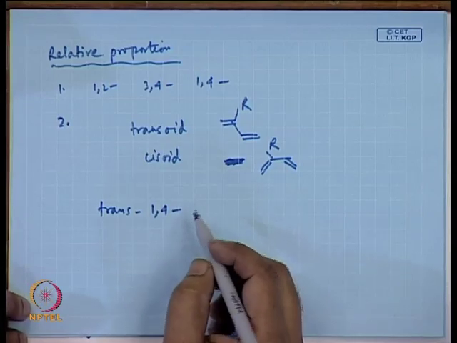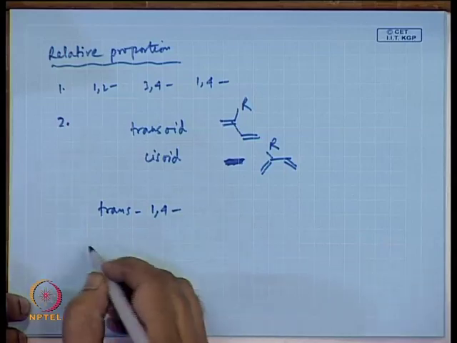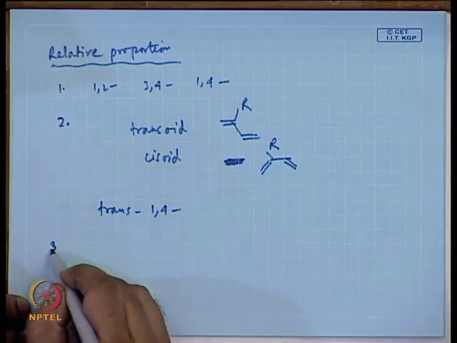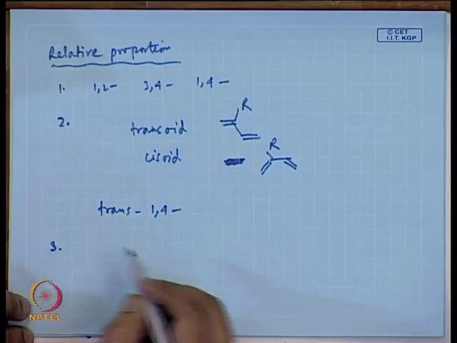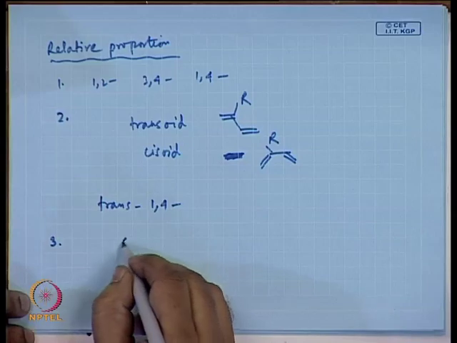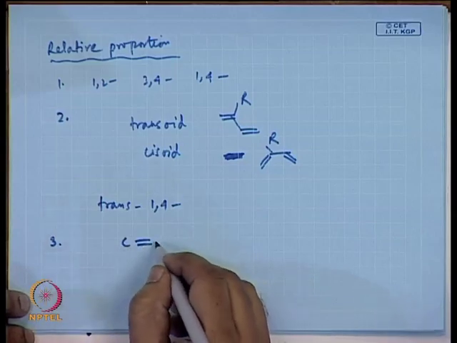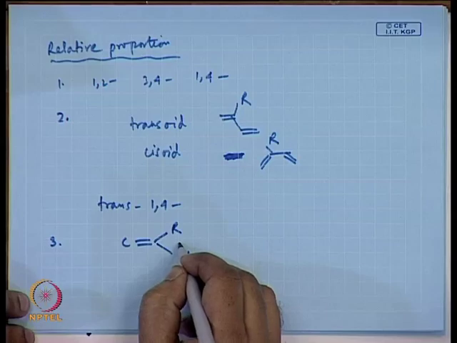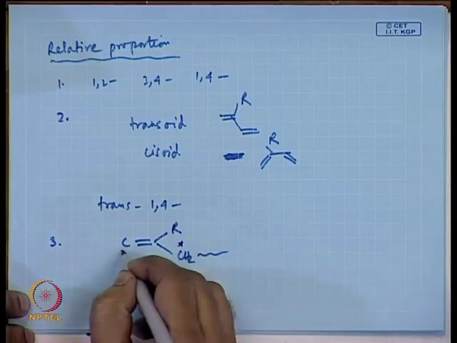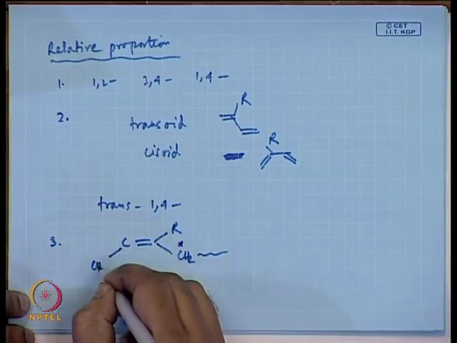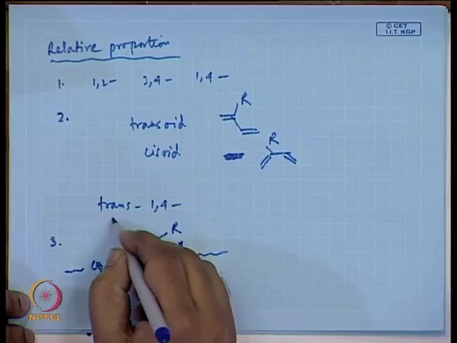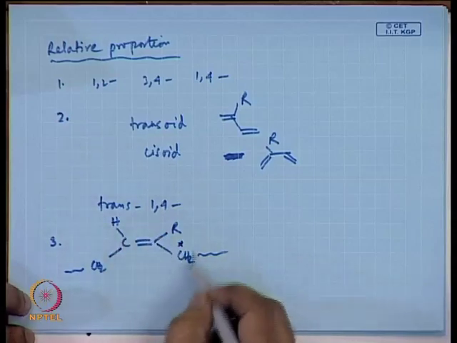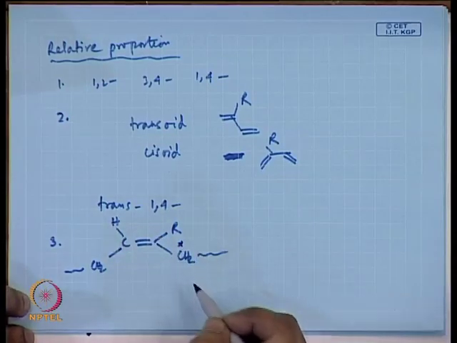Now, there could be isomerization among the intermediate states. Now, if I write this, this is a propagating chain end.